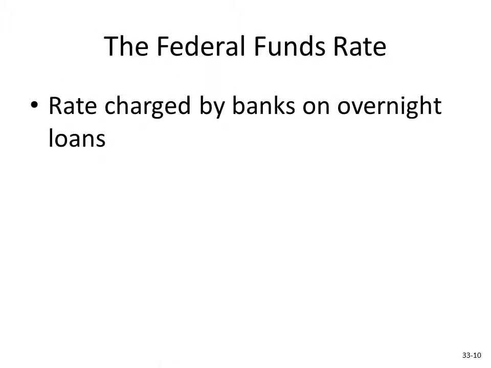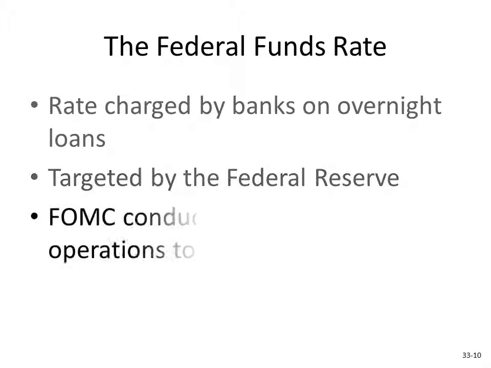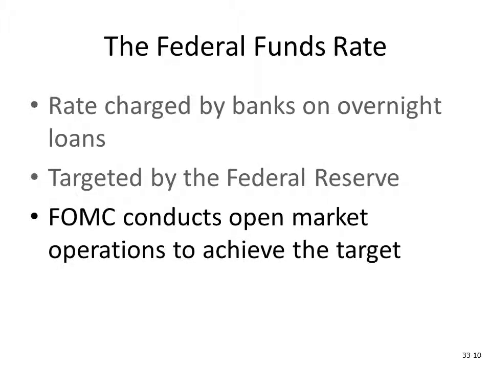So in a previous slide, we talked about the different interest rates. One of the most important interest rates is the federal funds rate, right? It's the rate charged by banks on overnight loans. So in other words, if Bank of America has excess reserves and Wachovia is short on required reserves, Bank of America can lend funds to Wachovia in the federal funds market, right?